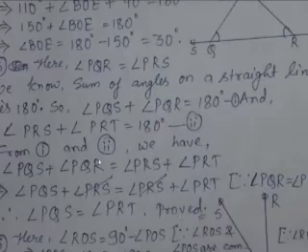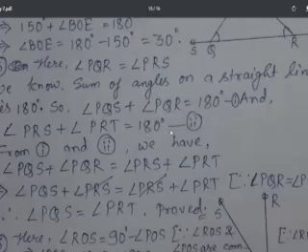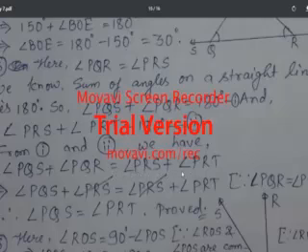So if you will see here I had written angle PQR is equal to angle PRS. We know sum of angles on a straight line is 180 degree. So angle PQS plus angle PQR is equal to 180 degree. That is equation 1. And angle PRS plus angle PRT is equal to 180 degree. This is the second one. Then I had written from equation 1 and 2 we have angle PQS plus PQR is equal to angle PRS plus angle PRT, because both are 180 degree.